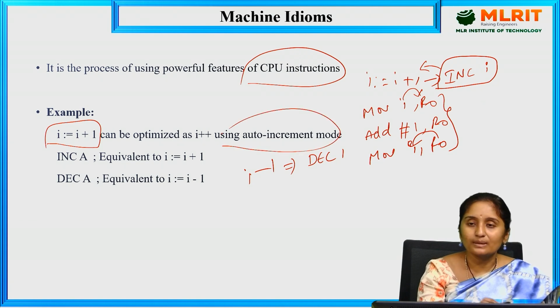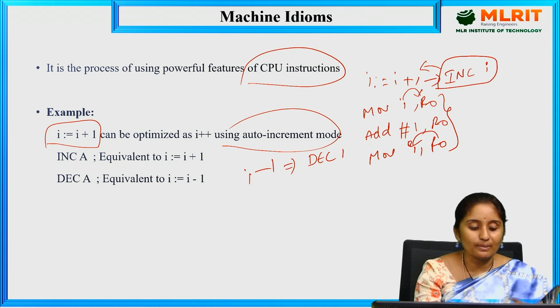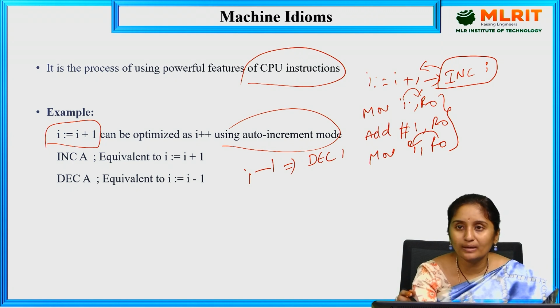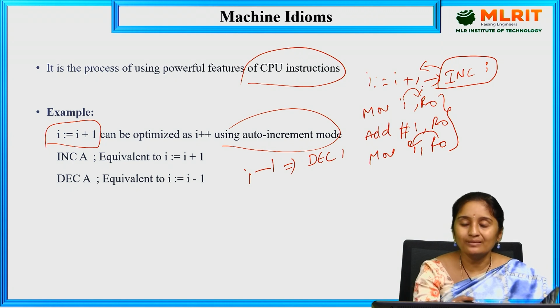These are machine idioms, powerful instructions. Instead of writing I equal to I plus 1, or I plus plus, or plus plus I, we write in the format the CPU understands, that is increment I or decrement I.